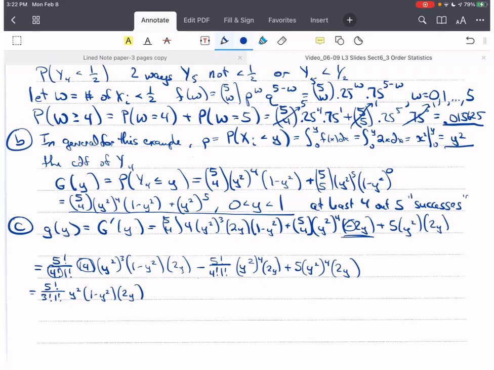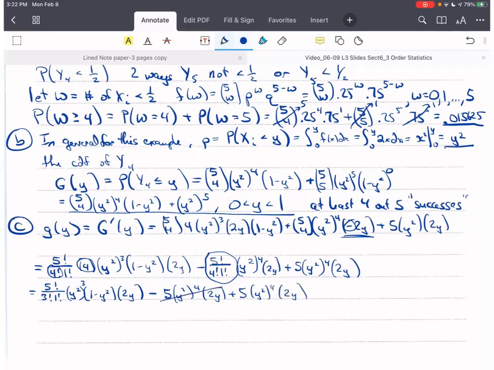Okay, I missed the cube here, so it's y squared cubed, 1 minus y squared, 2y, and then minus, and here I can simplify this to 5 y squared to the fourth, 2y, plus 5 y squared to the fourth, 2y.